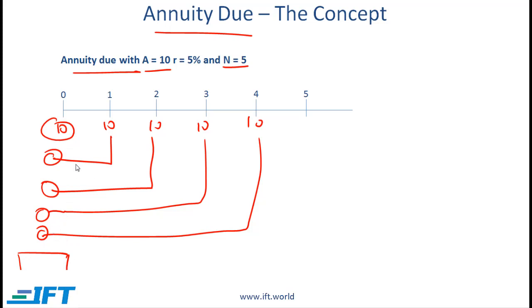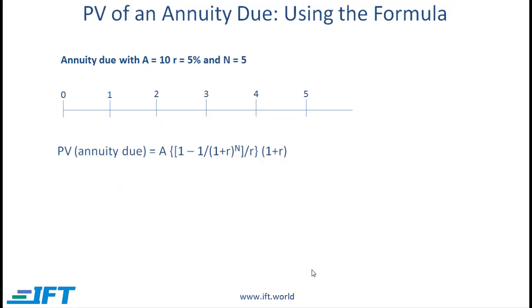Notice that with the annuity due, you are receiving money faster, which means that the present value of annuity due is going to be greater than the present value of an ordinary annuity. You can also come up with the present value of an annuity due using the formula. And take a look at this formula. I will rewrite it for you.